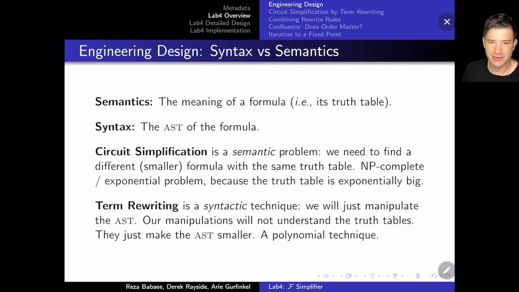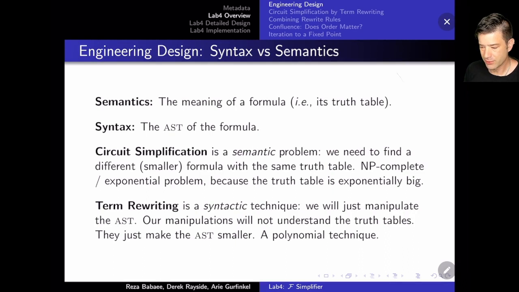And then we have semantics, which for a Boolean formula is the truth table, what the formula means. So when we do a circuit simplification, the step is a semantic step. We want to go from one formula, one AST, to a different AST with exactly the same truth table. That's our goal. And of course, the way we do it is we're going to manipulate syntax, and that's the only thing that we can manipulate.